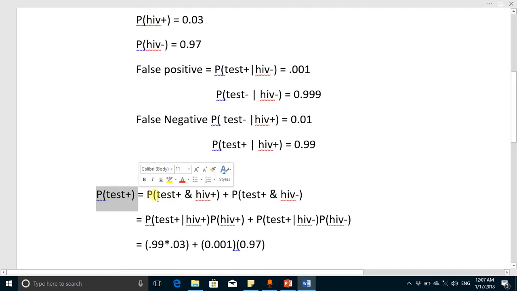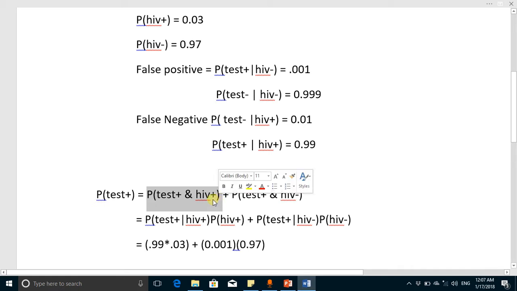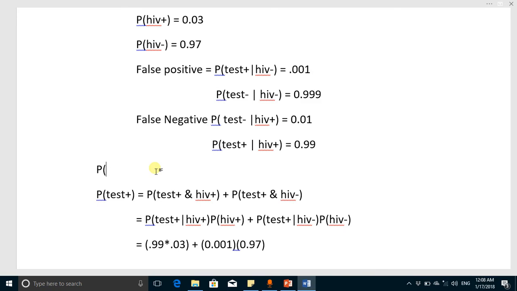To compute this, we will use the formula that we discussed in the previous lecture, that is probability of A and B is equal to probability of A given B into probability of B. By putting these values in this formula, we will get this value, and similarly from this we will get this formula.